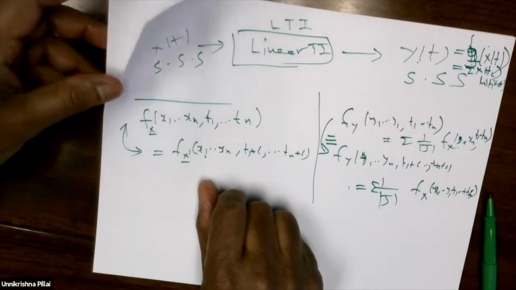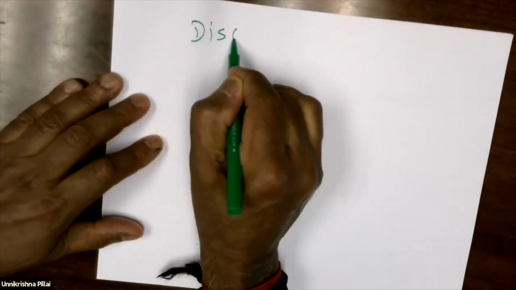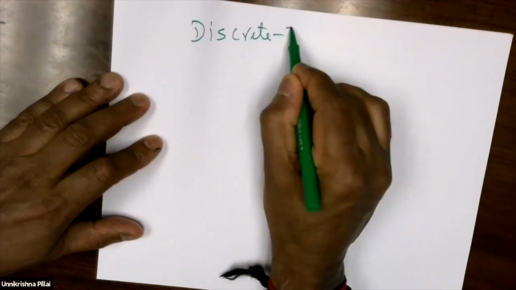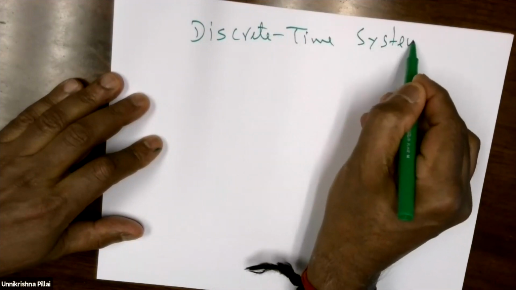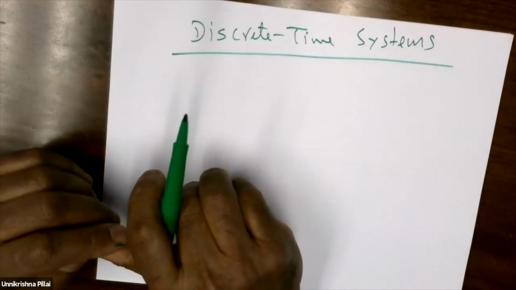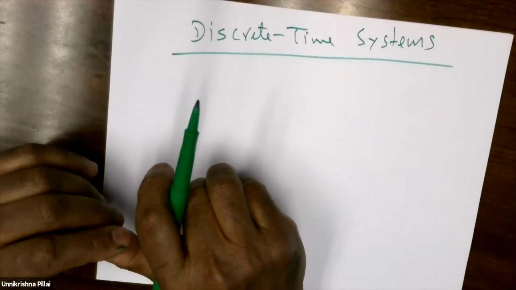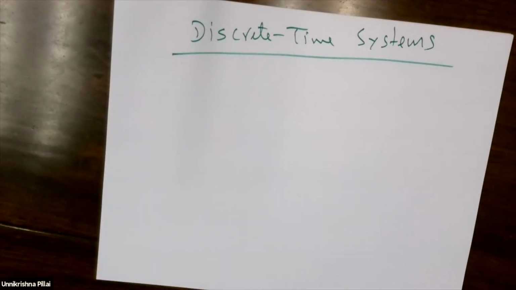Let me continue with discrete time systems, because when you do modeling, etc., or with measurements, usually this is what we will end up with. Even for continuous time systems, we sample the system at many points.